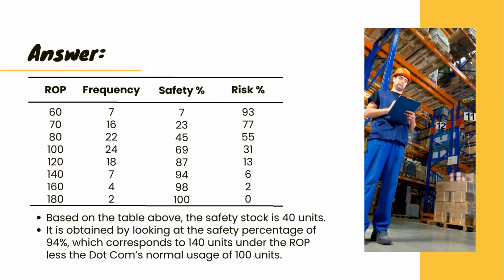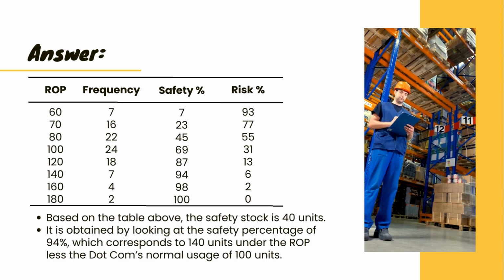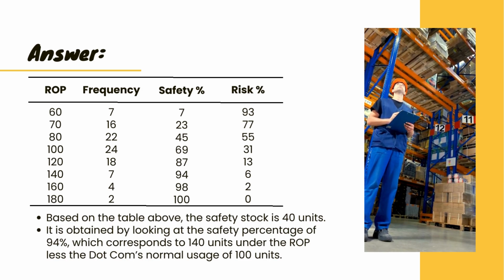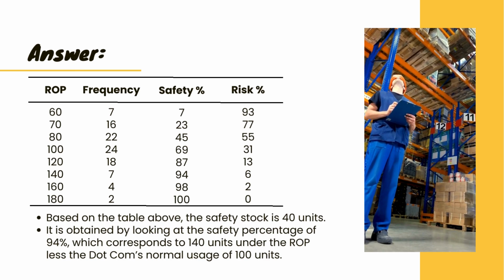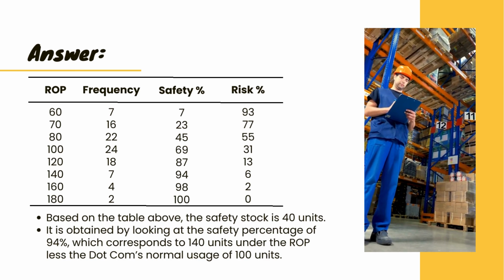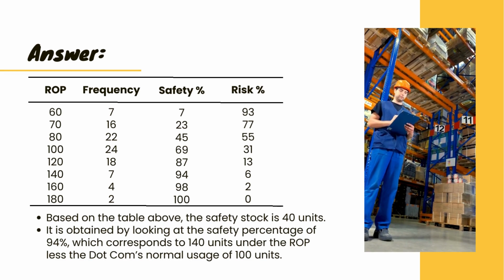So, ima-minus natin yung given dun sa question, sa original statement, na ang sinasabi dun, ang normal usage daw ay 100 units. So, 140 minus 100 equals 40. So, ang safety stock natin ay 40 units.